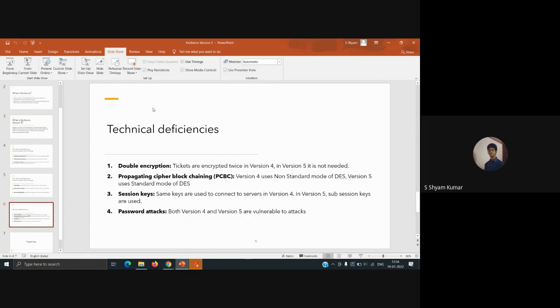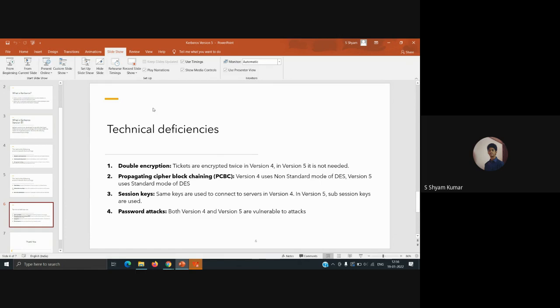But that might lead to some vulnerability, like hackers can, if they guess the particular message, get access to the keys and get to know what they're up to. In order to overcome that limitation, in version 5, sub-session keys, in the sense of 2 or 3 keys, are used.